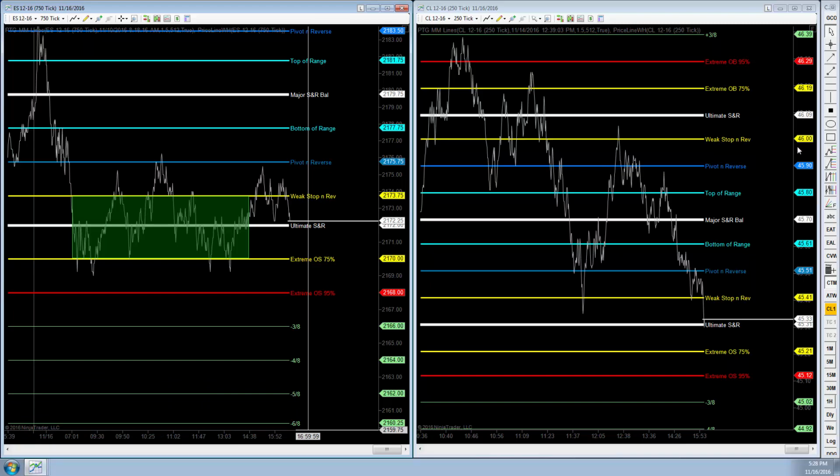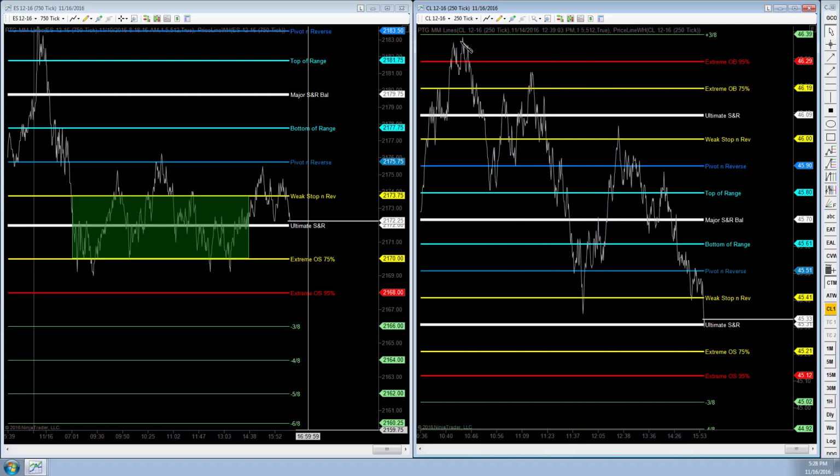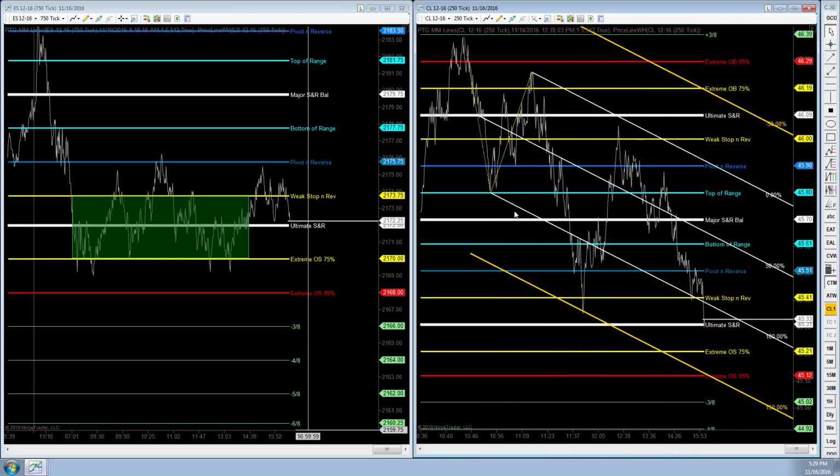Again, things that you want to recognize. Now, of course, this is a downtrend line here. We have a tool, the Andrews pitchfork, the median lines. We're going to spend some time on another workshop giving you some more practical application of the tools that we can use, along with using the MM lines.